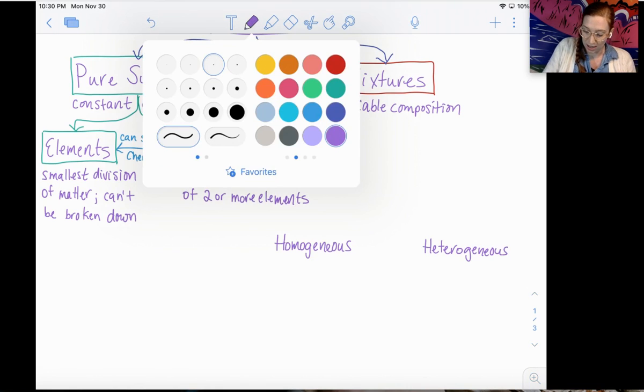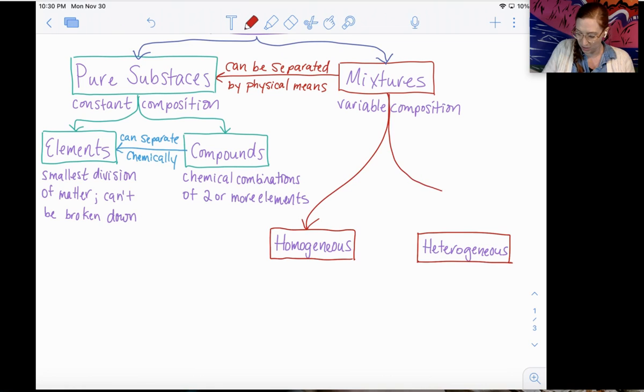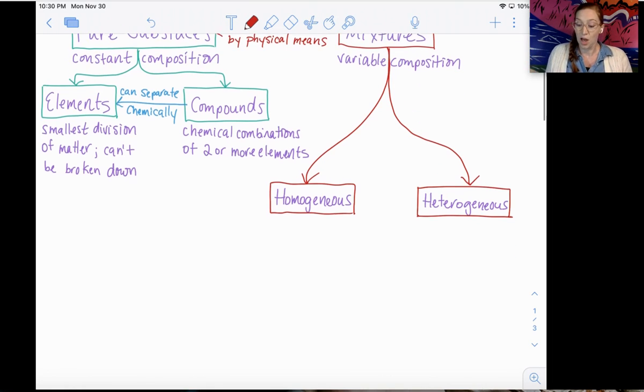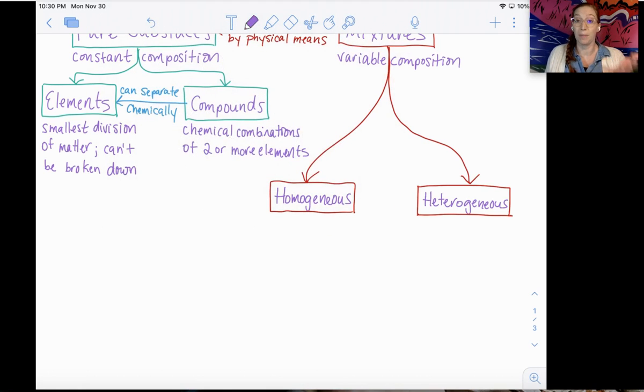And then again, let's keep with color coding. If you're like me and that color coding helps, that might be something you want to do. If not, then the basic structure of this without the color coding is still going to be good enough for you. Okay, so homogeneous mixtures are uniform, which means they're going to look the same all the way throughout.